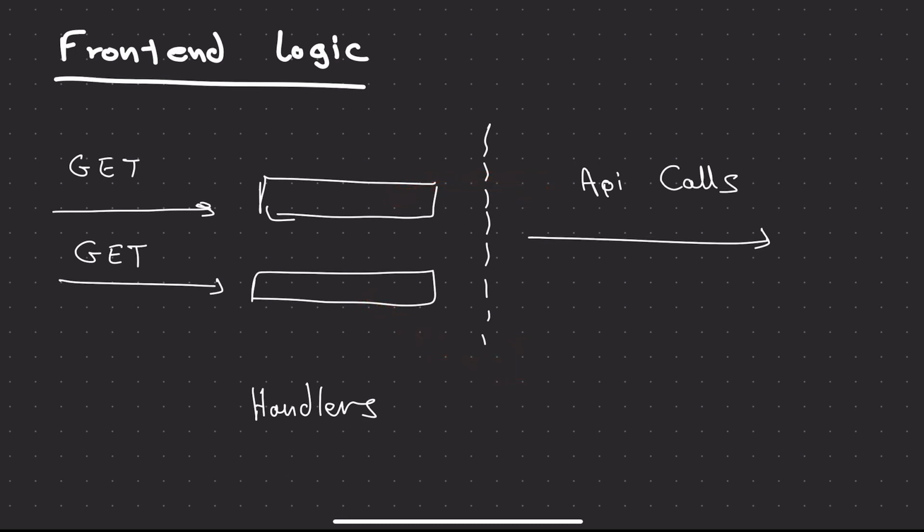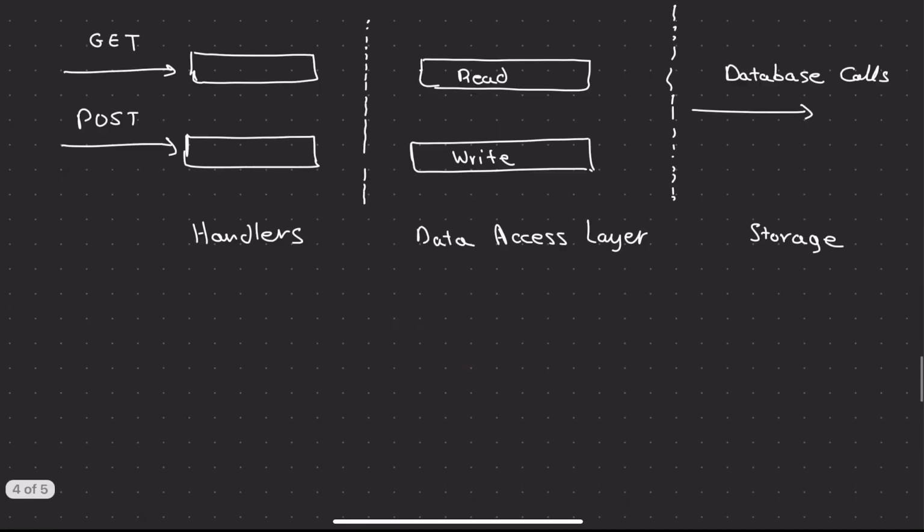And for example, if this handler here is responsible for getting data from your API, from your backend, which lies on your database, it has to initiate an HTTP request through this handler, which will call your backend, as we've seen here.